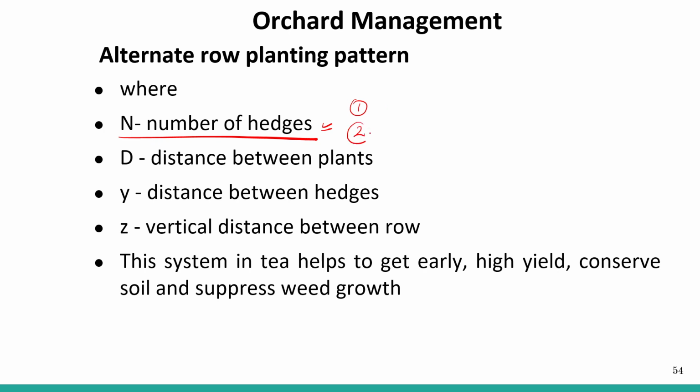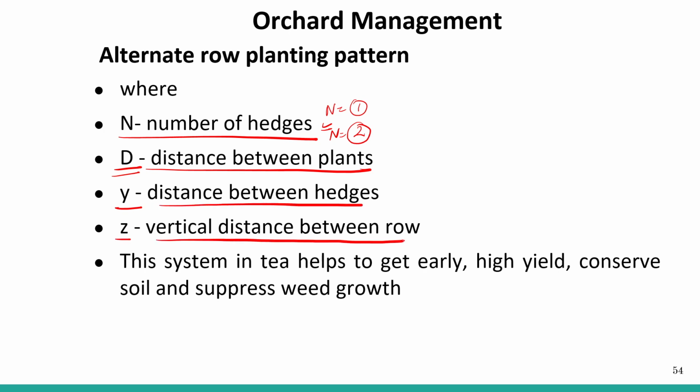Suppose it is 2 hedges, then N will be 2, right? The distance between the plants we can measure accordingly, and we have y, the distance between the hedges, and z, the vertical distance between the rows. This system in tea helps to get early high yield, conserve soil and suppress weed growth.